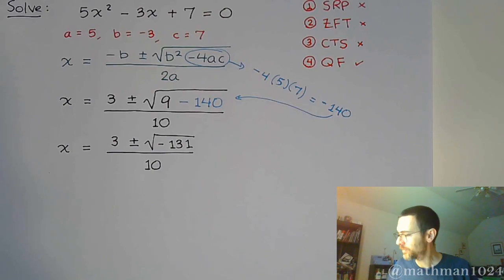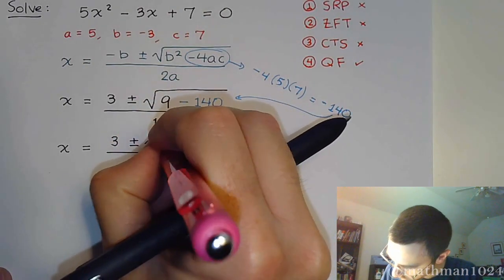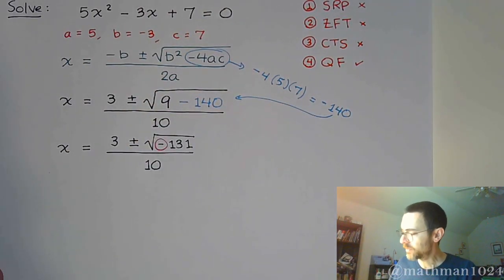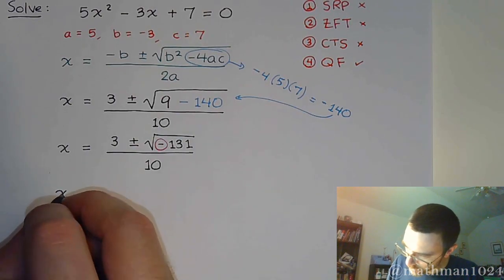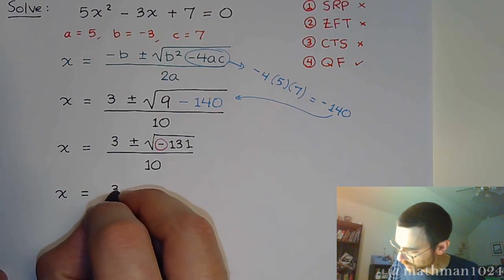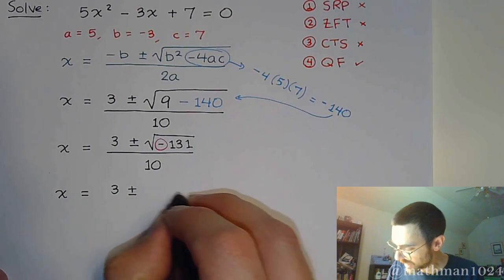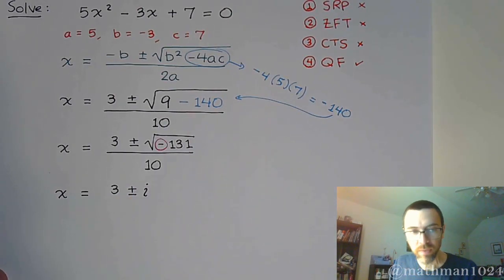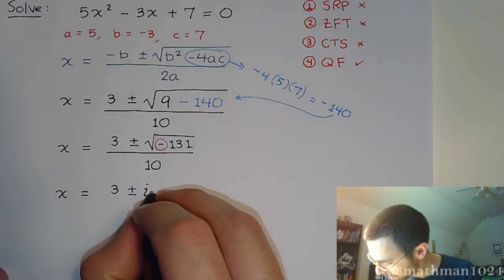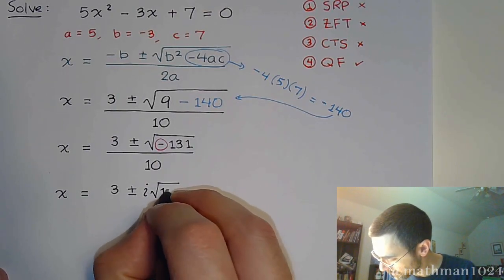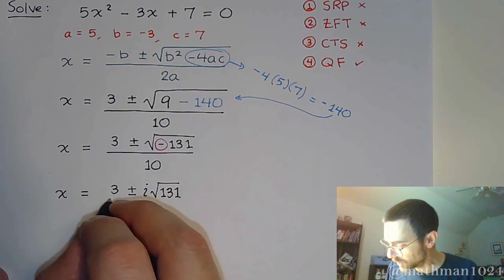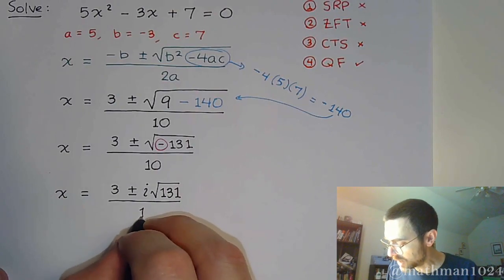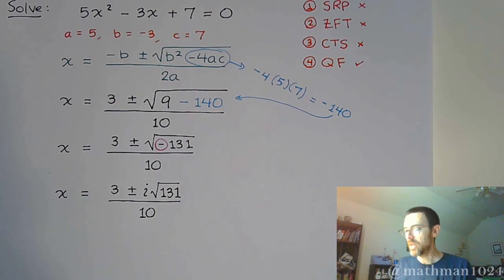But there is a negative, so there is one bit of simplifying I can do, and that is to simplify out the imaginary unit i. So this is what we're going to have for our final answer: 3 plus or minus i square root of 131, all divided by 10.